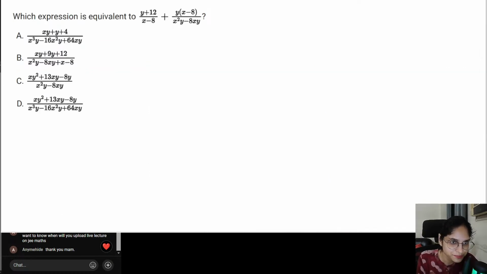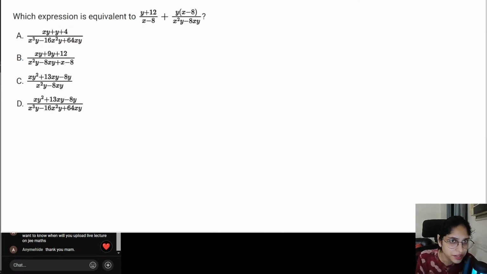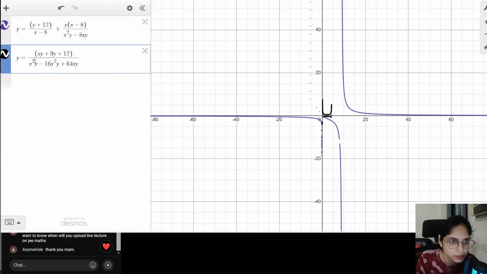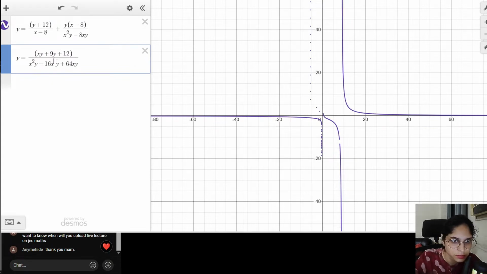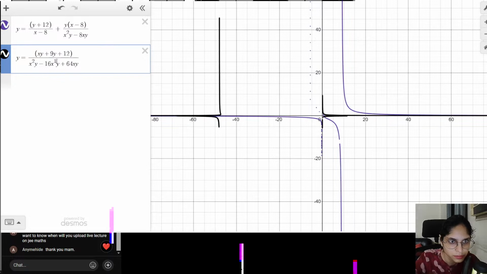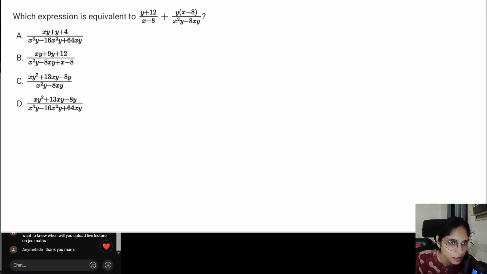Now you check for the next one. xy plus 9y plus 12. X squared y minus 8xy. Just write 1 over here plus x minus 8. Different. Not the correct answer.